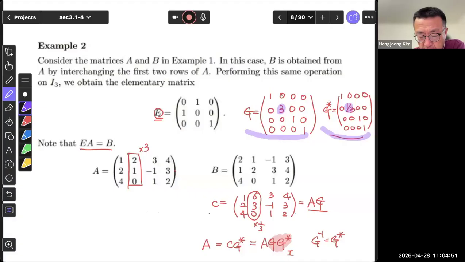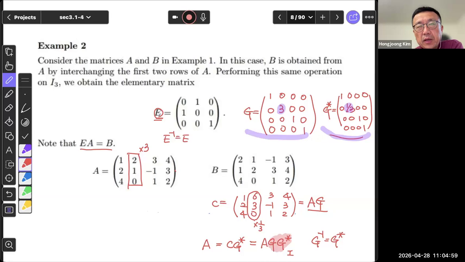So in case of E, the inverse of E was E itself, meaning the inverse of a type 1 elementary matrix is the matrix itself. Okay? Meaning the inverse is also a type 1 elementary matrix.